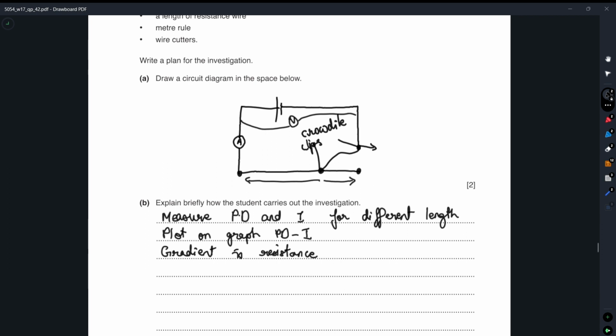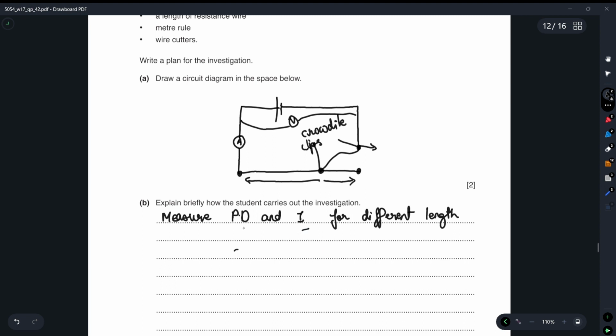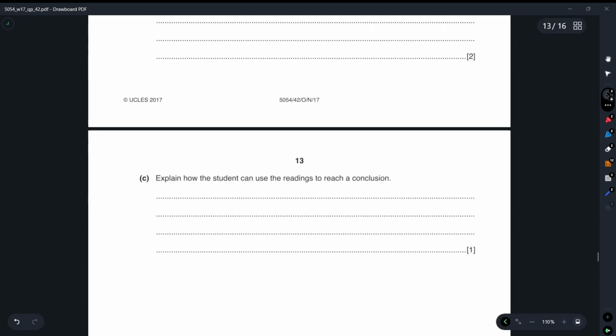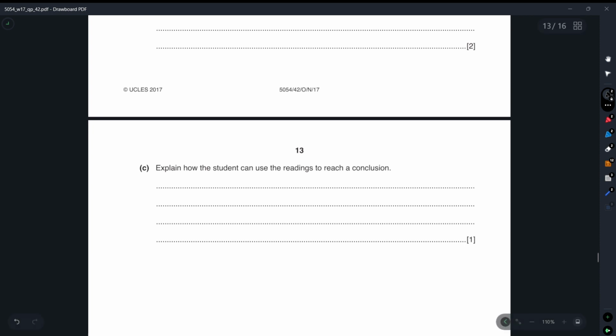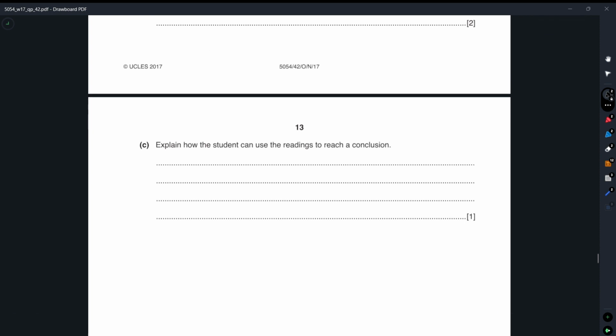No, I think this is only talking about getting values, so repeating for different lengths must be just fine. You don't need to talk about plotting or gradient here. Measure potential difference and current for various lengths is plenty over here I think. Obviously I'm using PD and I, but you're going to write potential difference and current completely. Explain how the student can use the readings to reach a conclusion.